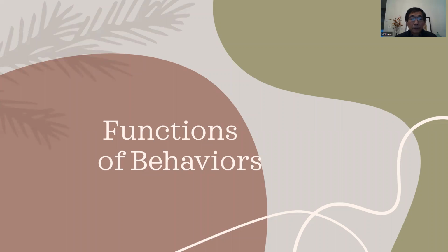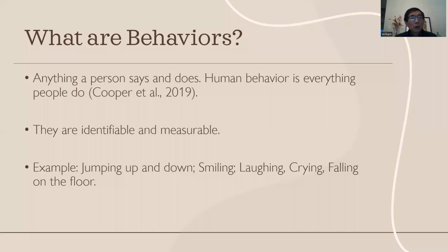Function of behavior. So what are behaviors? Anything a person says and does. And human behavior is everything people do, according to Cooper et al., 2019. Behaviors are identifiable and measurable.